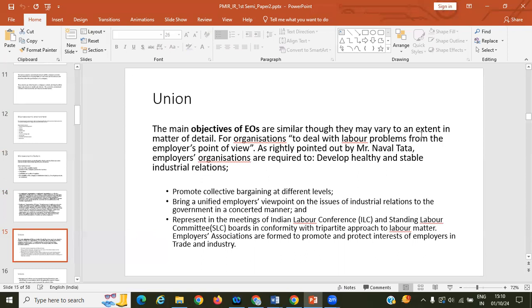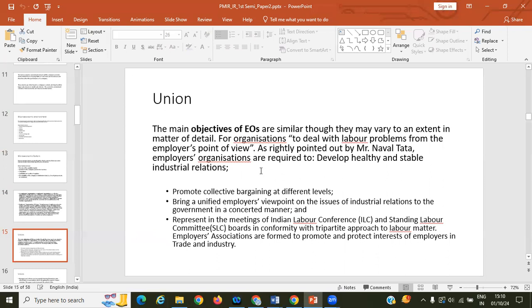They may vary to an extent in matters of detail, but they exist to deal with labor problems from the employer's point of view. As rightly pointed out by Mr. Naval Tata, employers' organizations are required to develop healthy and stable industrial relations.